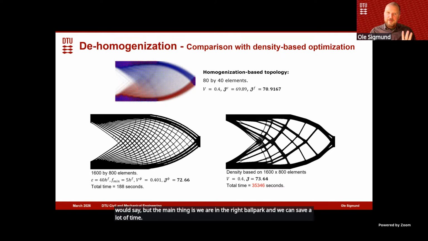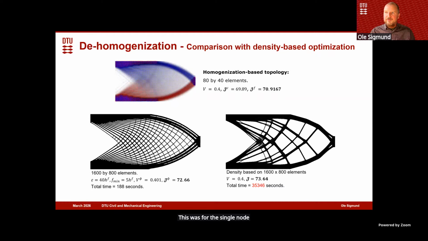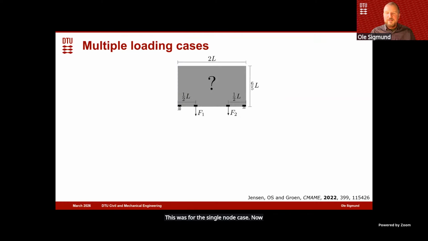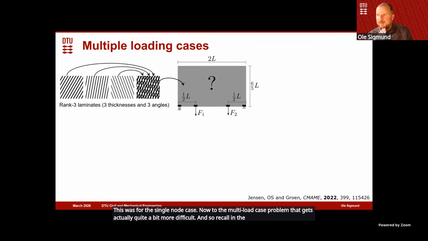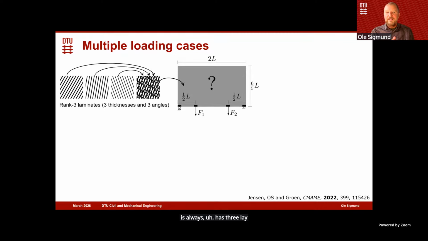This was for the single load case. Now to the multi-load case problem, which gets quite a bit more difficult. Recall in the beginning I said that for the multi-load case problem the optimal composite has up to 3 layers.